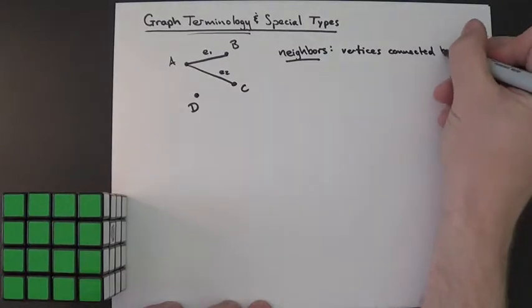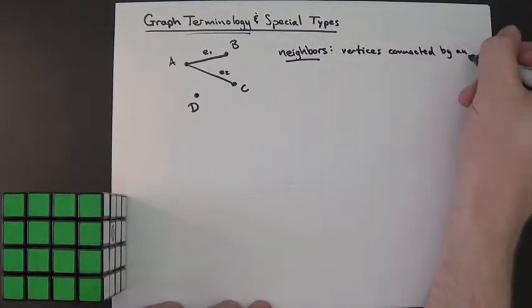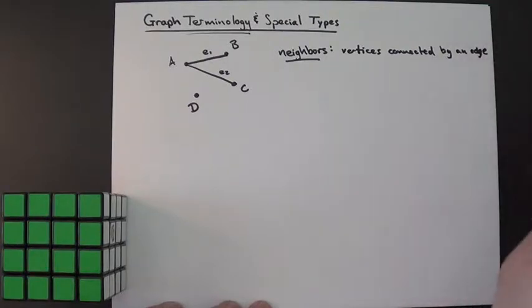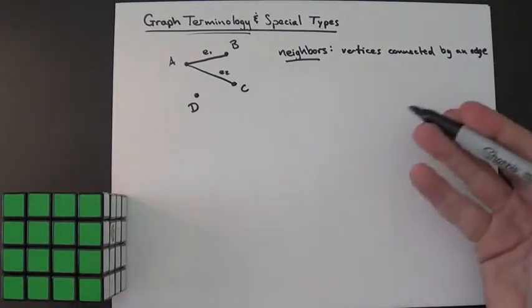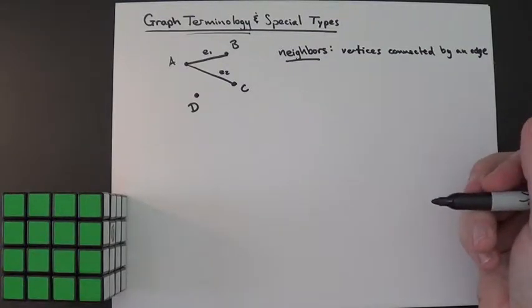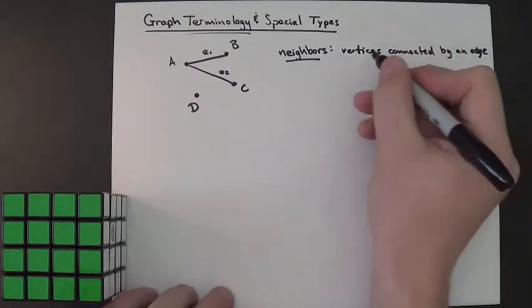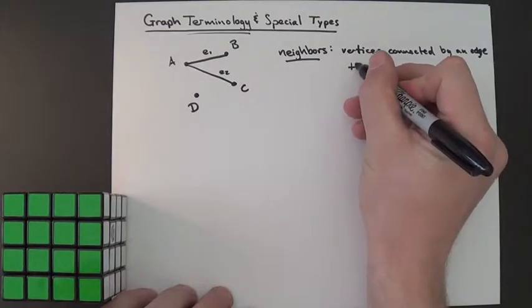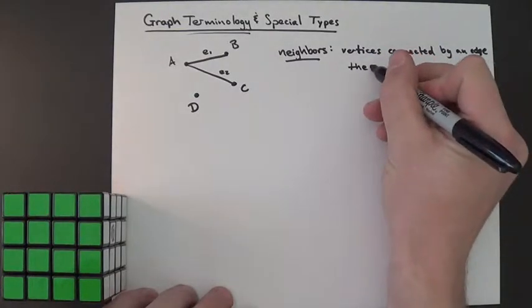That's all there is to it. In other words, vertices that are right next to one another are considered neighbors. Also, they are said to be incident with each other.